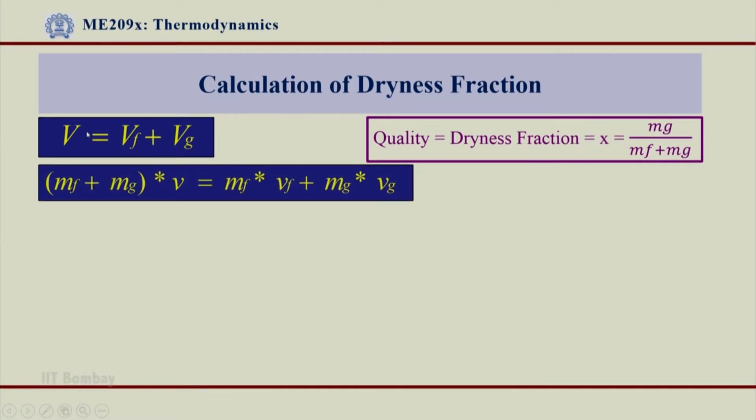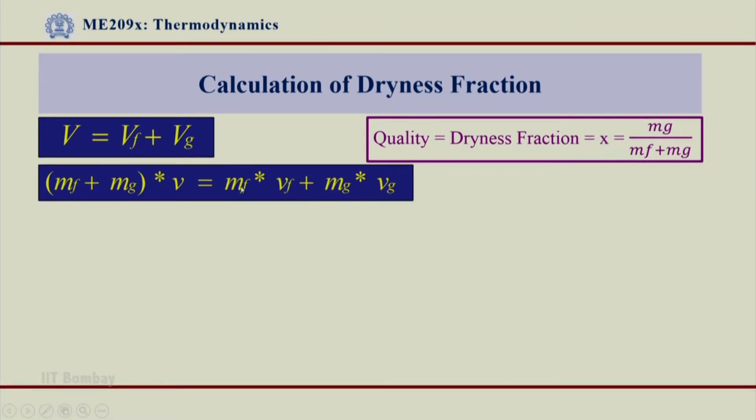So, if I write this total volume in terms of specific volume, I will have to multiply specific volume by total mass. So, the total mass is Mf plus Mg, mass of liquid plus mass of vapor, into the specific volume of two-phase mixture, alright, is equal to the total volume of saturated liquid, which is Mf into Vf.